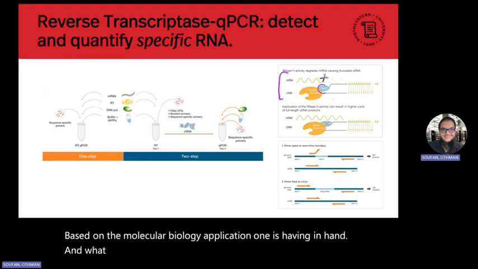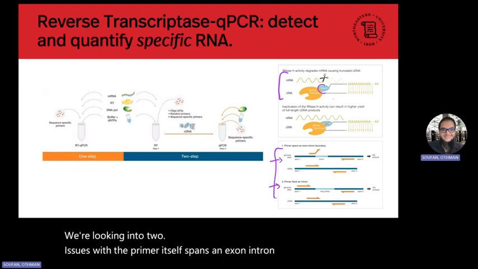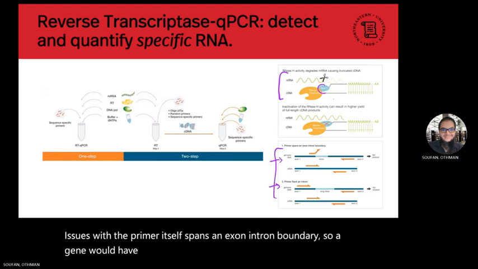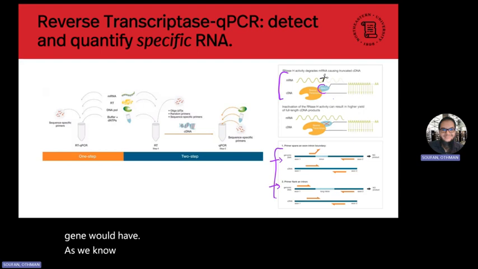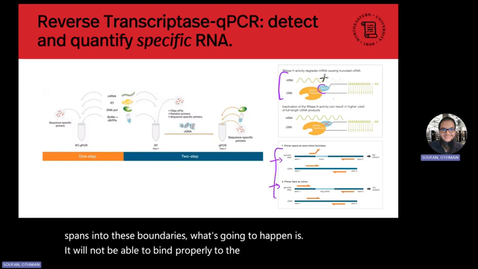And what we see here is we're looking into two issues. When the primer itself spans an exon-intron boundary, so a gene would have, as we know, genomic DNA with exons and introns. When the primer spans these boundaries, it will not be able to bind properly to the genomic DNA.